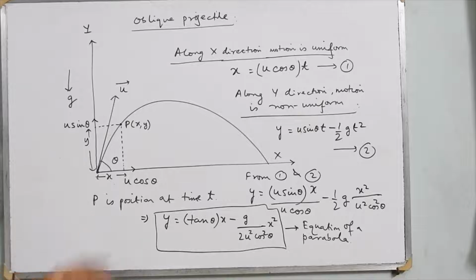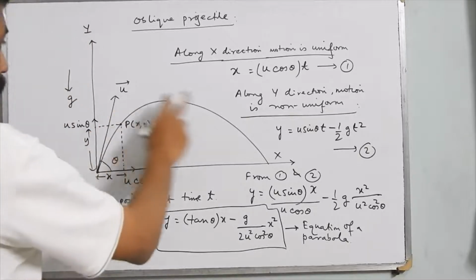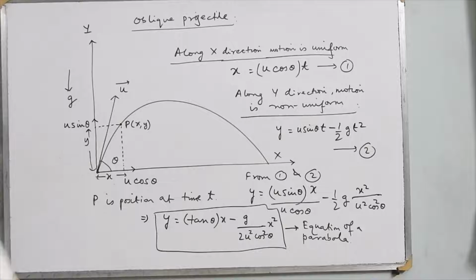So from here on we have to calculate certain things: the time of flight, that is how long the projectile was in air, what distance it has covered on the ground, and what is the maximum height that is achieved. So these are the three things that we need to calculate.